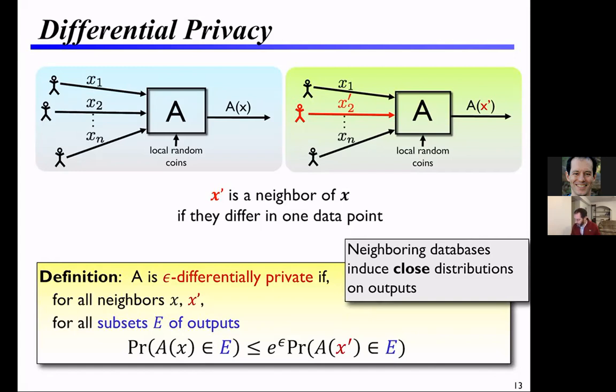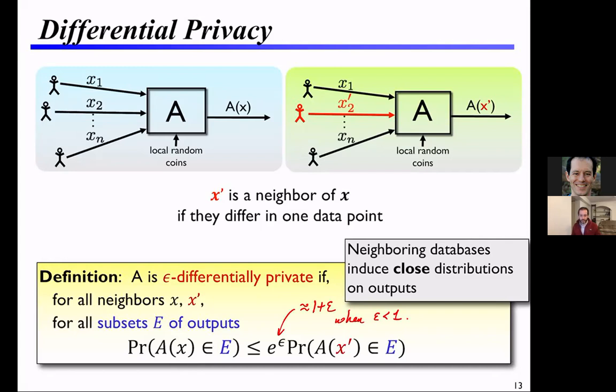For reasons that'll be clear later, we're going to work on the logarithmic scale. So the factor that controls how close the probabilities can be, we're going to write as e to the epsilon. You should think of this as roughly 1 plus epsilon when epsilon is less than 1.